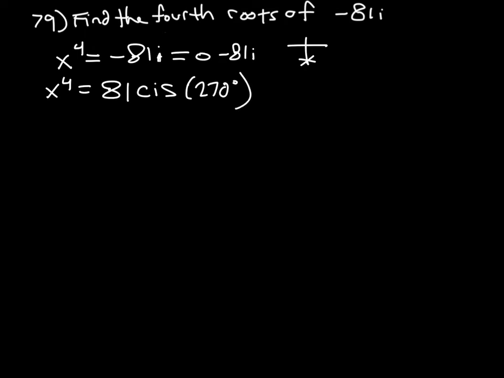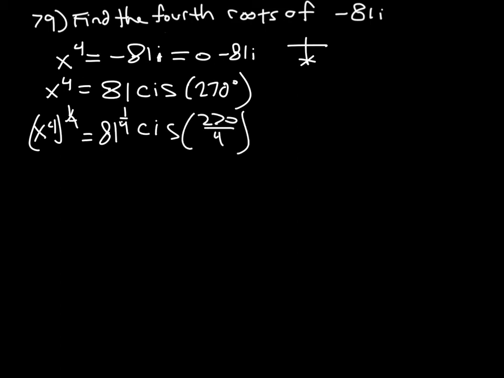All right, so then I'm going to take the fourth root, so x to the fourth to the 1/4 equals 81 to the 1/4 cosine I sine 270 over 4.